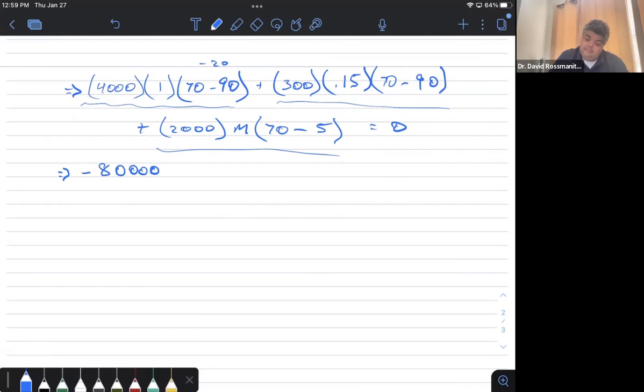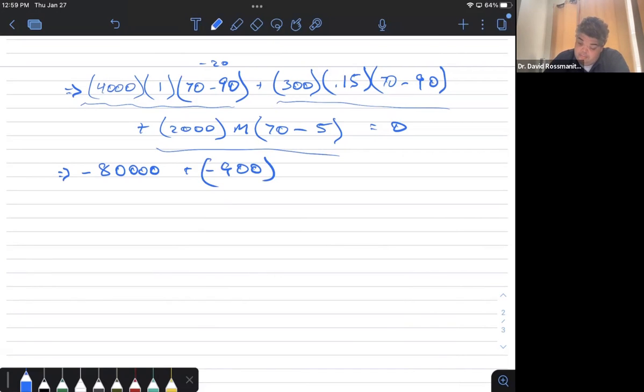The next term. This one, maybe you can't do it in your head, so we do it on our calculator. We would say 300 times 0.15 times negative 20, and we get negative 900 for the second term.